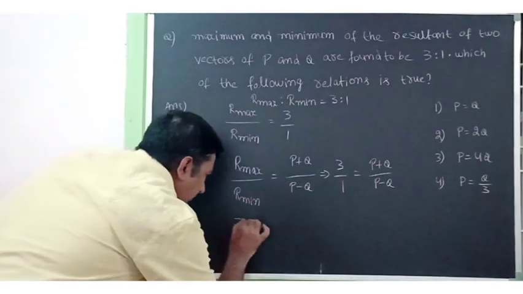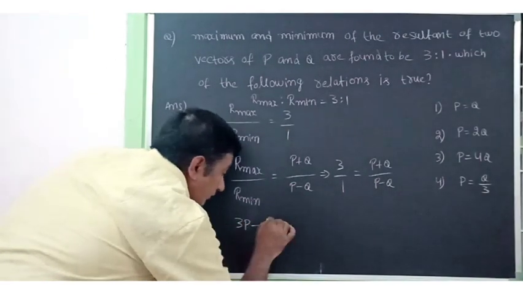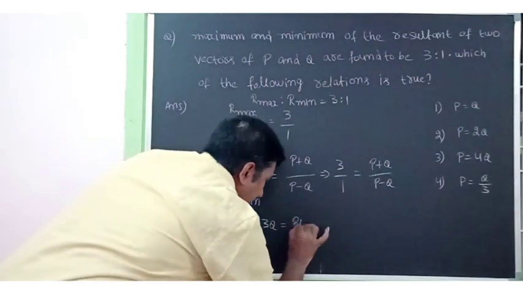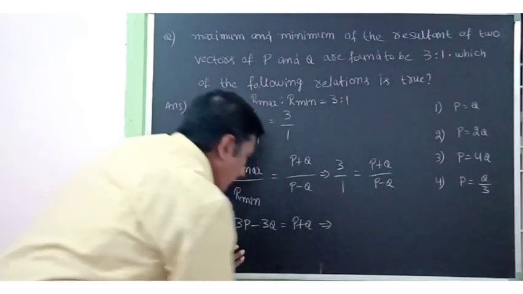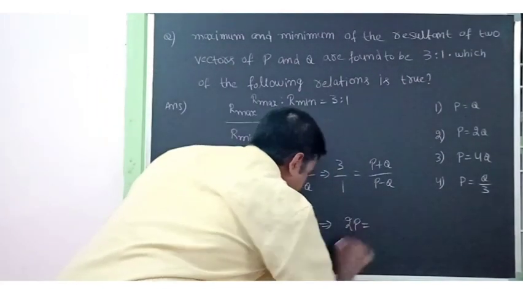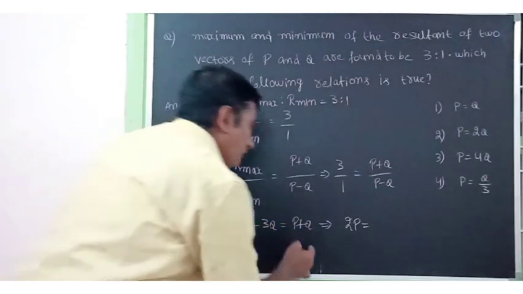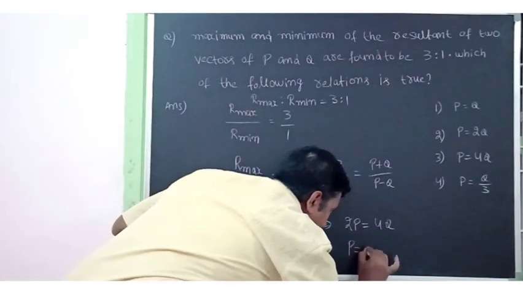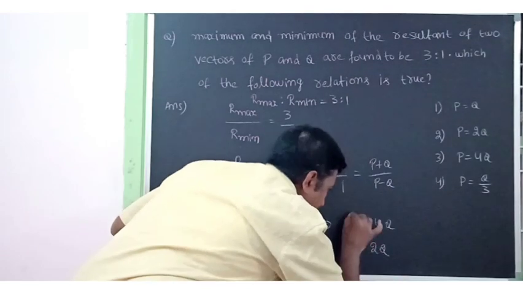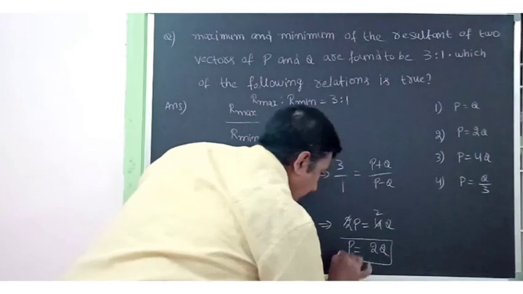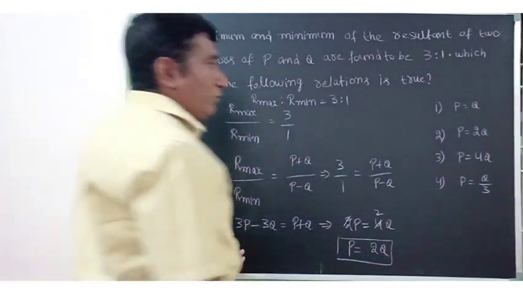Cross multiplication gives 3P minus 3Q equal to P plus Q. Moving terms to this side, we get 2P equal to 4Q. So P equals 2Q. The relation between them is nothing but P is equal to 2Q.